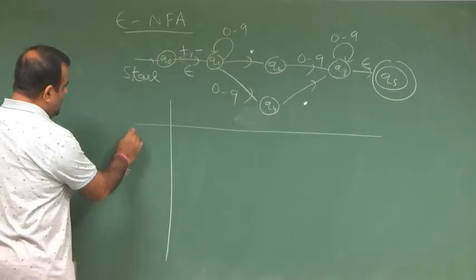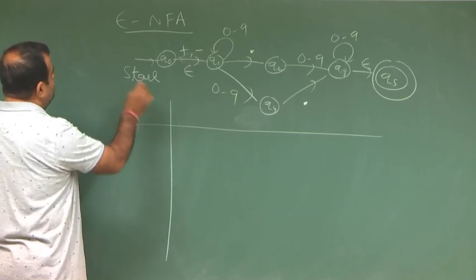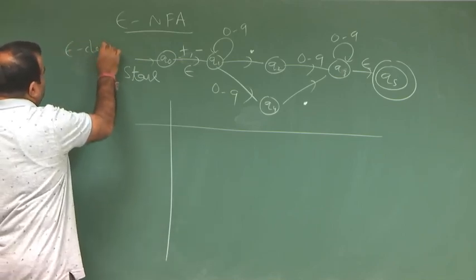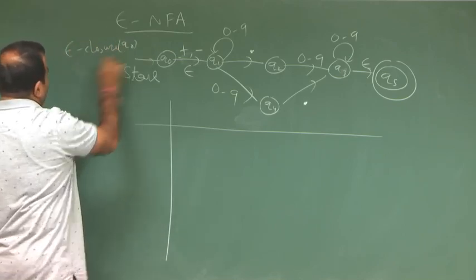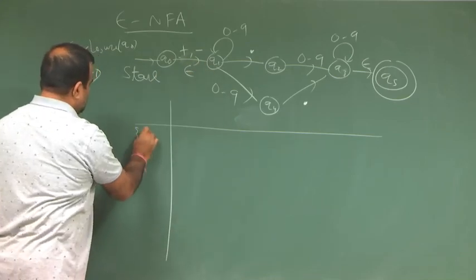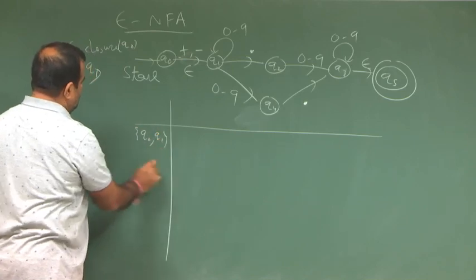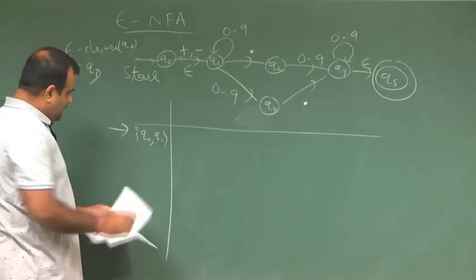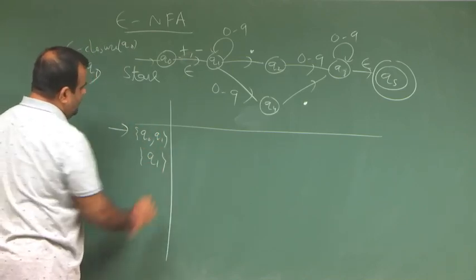If we do that, the starting state is nothing but the epsilon closure of q 0, that is our q d. The epsilon closure of q 0 is q 0 and q 1.